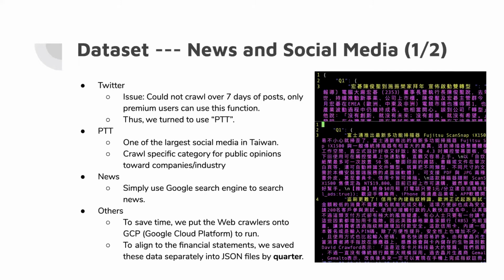Another thing that needs to be noticed is that we save this data separately into JSON files, and each JSON file is saved by quarter. For example, there are 4 quarters in 2019, so we can use the postfix of the file to know which quarter it is.